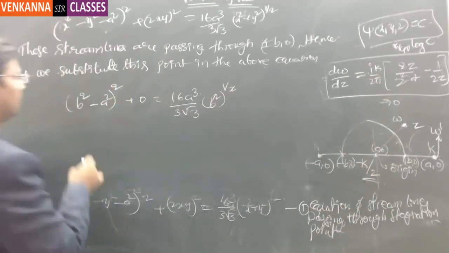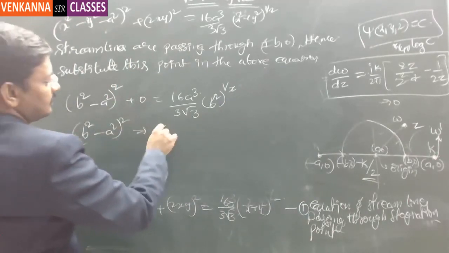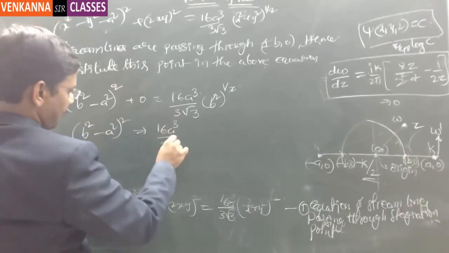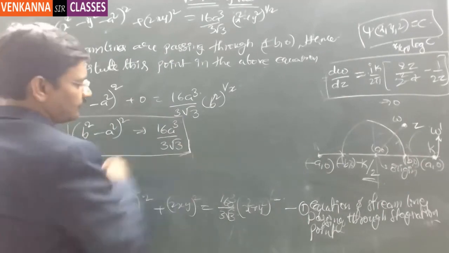So these two will cancel. Then b square minus a square whole square is equal to 16a cube by 3 root 3. I think this is what he asked us to prove. Got it?